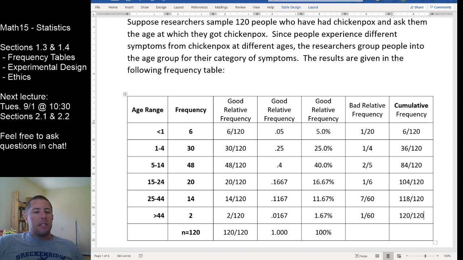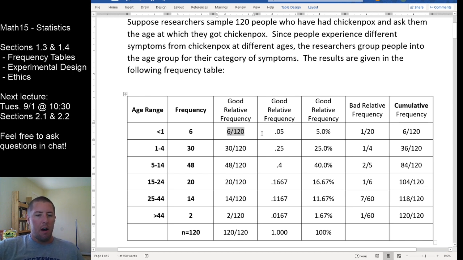So some nice things to notice about cumulative relative frequencies here, cumulative frequencies. The first cumulative frequency that you get will always be the exact same as just the first standard relative frequency because all you've accumulated so far is just your first category.